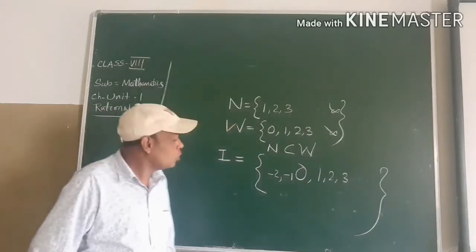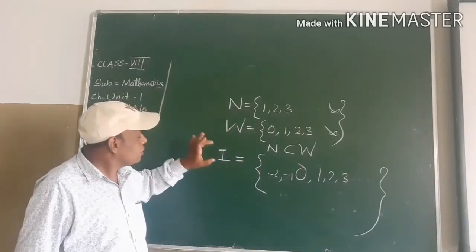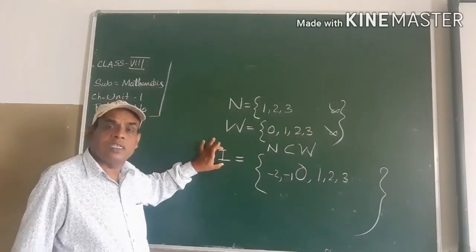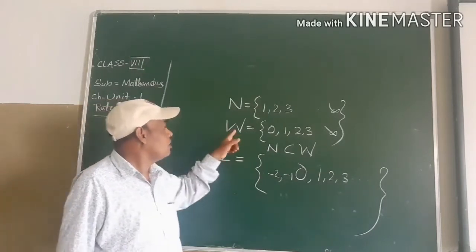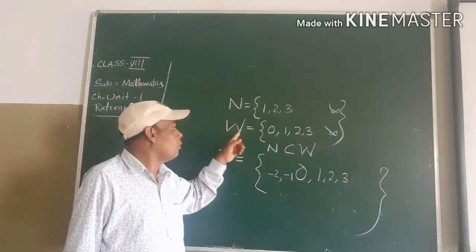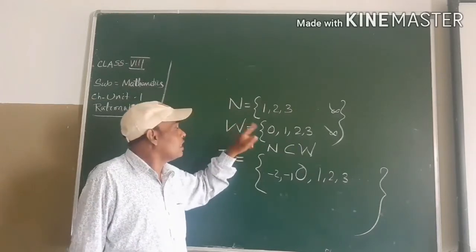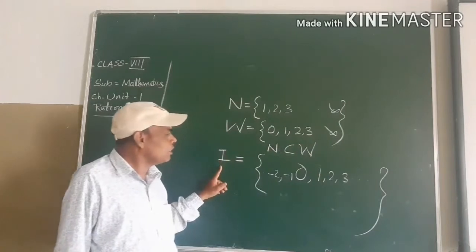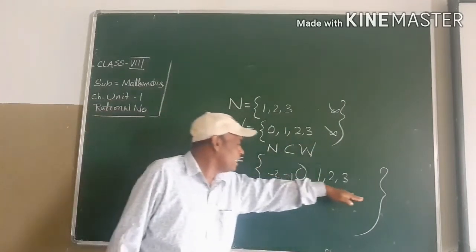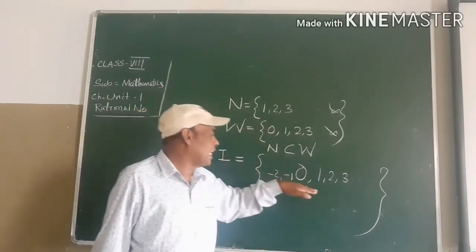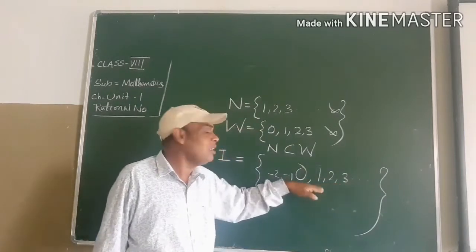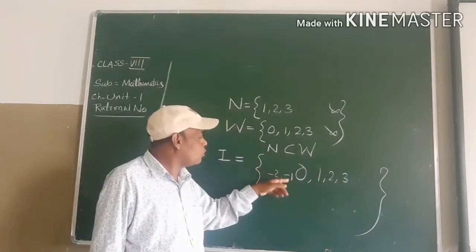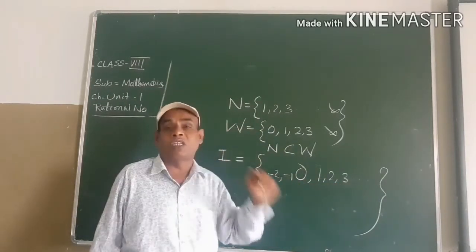So we can say the set of integers is bigger than the set W, because the whole number set contains 0 and the natural numbers, but the set of integers contains all the elements of whole numbers as well as the extra -1, -2, -3 up to infinity.